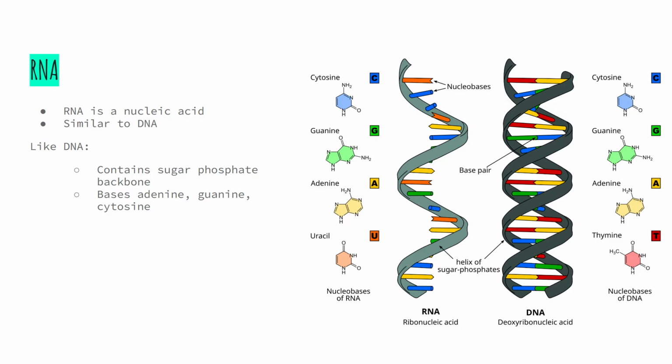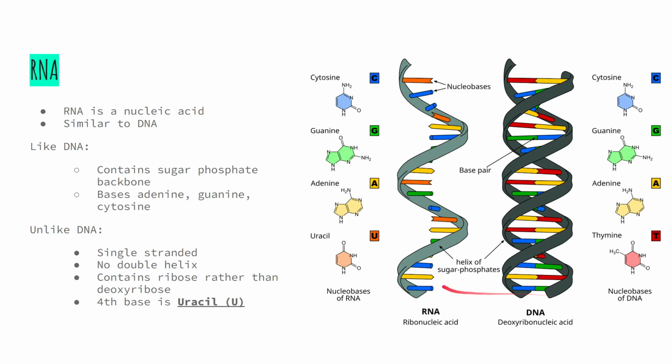Typically, it would not. The bases it does have in common with DNA are cytosine, guanine, and adenine. However, we get to the fourth one and they are different. So unlike DNA, it is single-stranded, there is no double helix, and it contains ribose rather than deoxyribose.